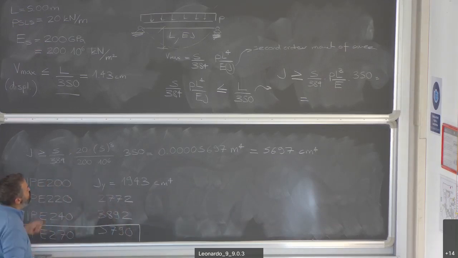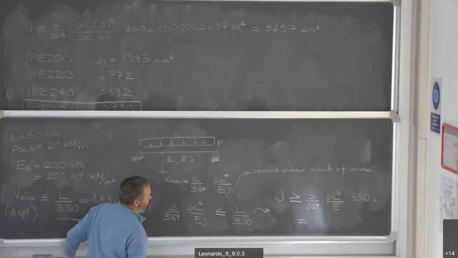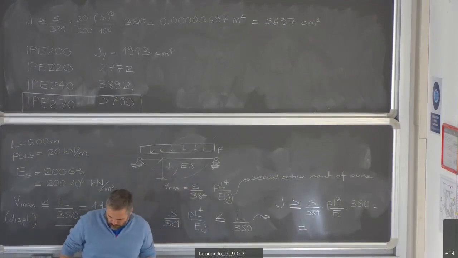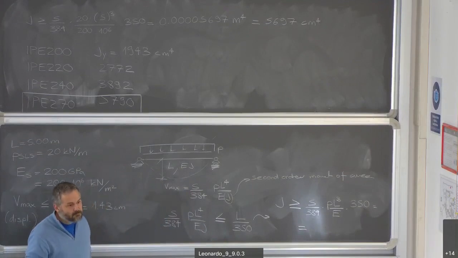Second task. Tell me, what changes in an I-beam as its IPE number increases? The properties. I don't mean like J, I mean physically.